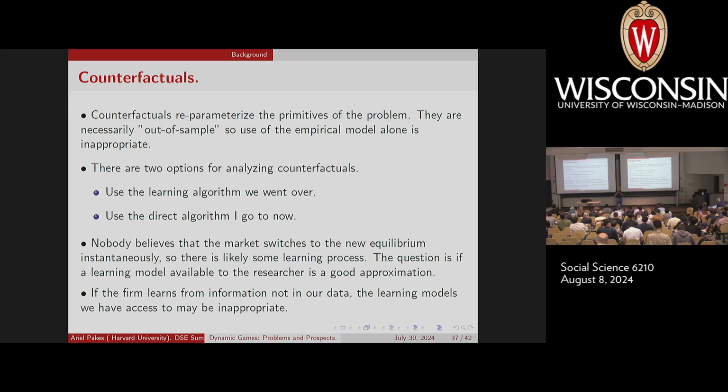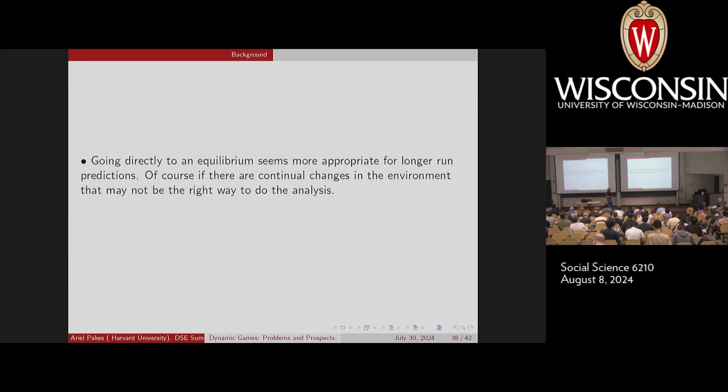But I'm going to give you where you might have gotten if it was a reasonably stationary environment. Sort of interesting. I'll come back to this at the end. There's something we talked about at dinner last night that sort of helped me on this. So it's more appropriate for longer run predictions than for short term, probably because you don't get to equilibrium immediately.